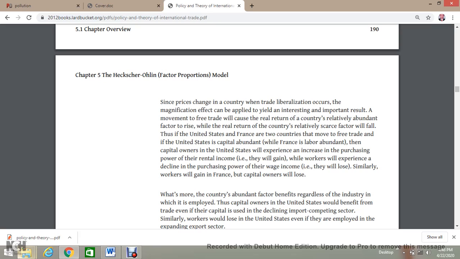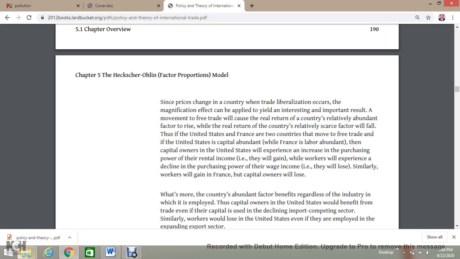Trade liberalization will promote the use of those inputs which are in more quantity. Only if there is an abundant quantity of those inputs can the country take up its production based on this.